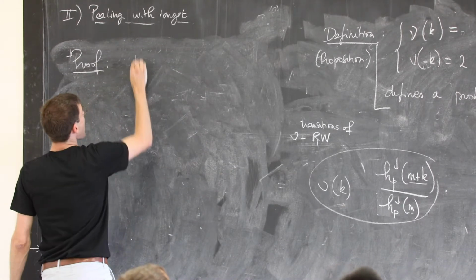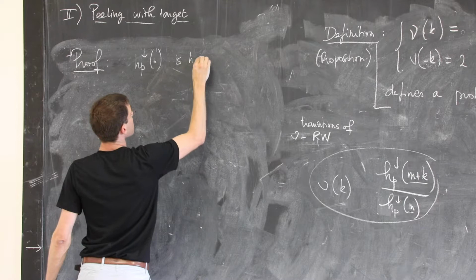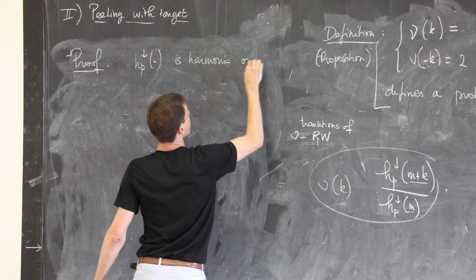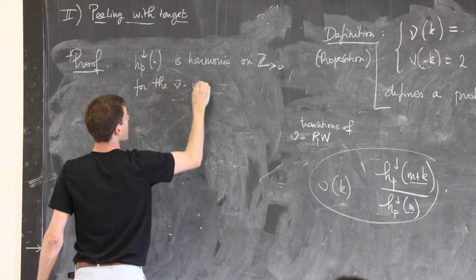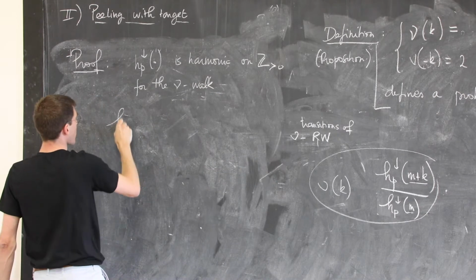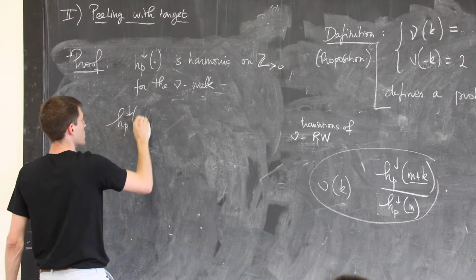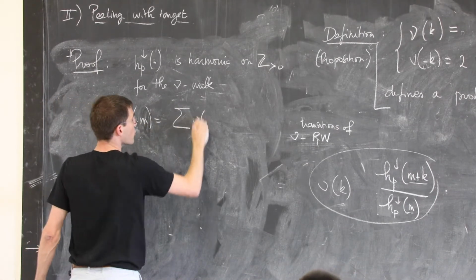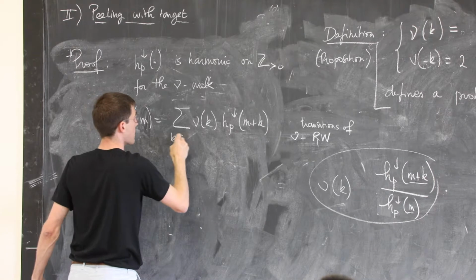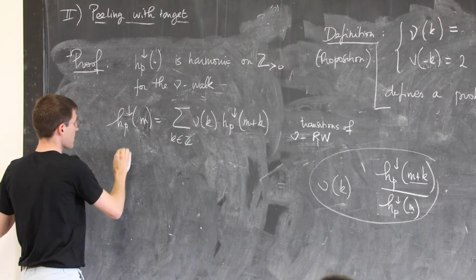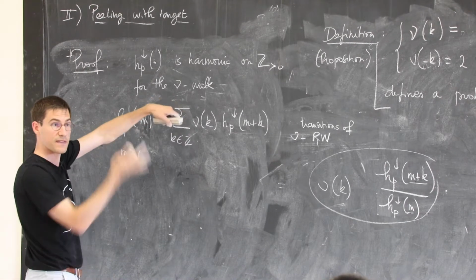This shows that actually this function hp down arrow is harmonic on z positive for the walk, for the new walk. Why? Because look at this, this is just hp of L, let me put an L here, or M if you wish. M, that's the sum of the new k of hp m plus k, and here you sum for all k in z. And m here is bigger than 1, so it's exactly harmonicity of the function hp for the walk on the positive side.